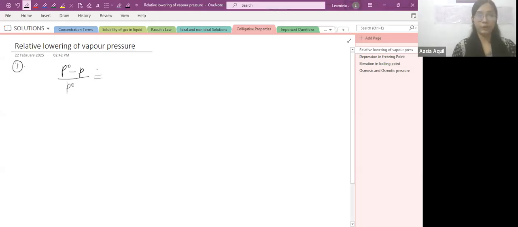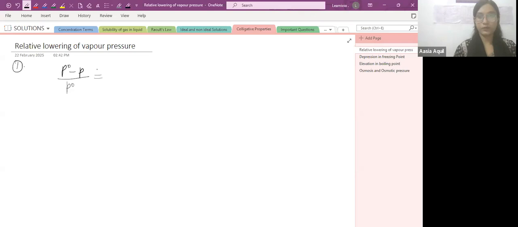Most of the questions in your board exams come from colligative properties, ideal and non-ideal solutions, and Raoult's law. So these are very important from this chapter. Just go through it, and if you have any problem, contact me.